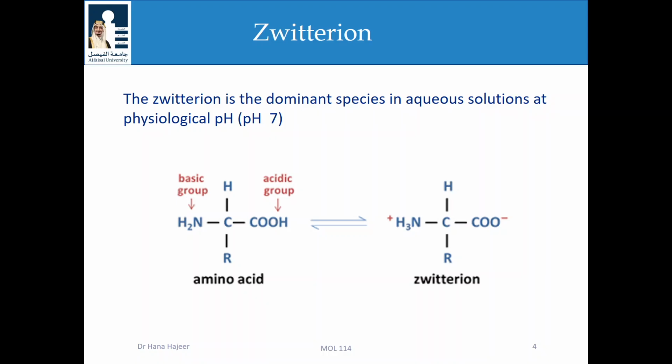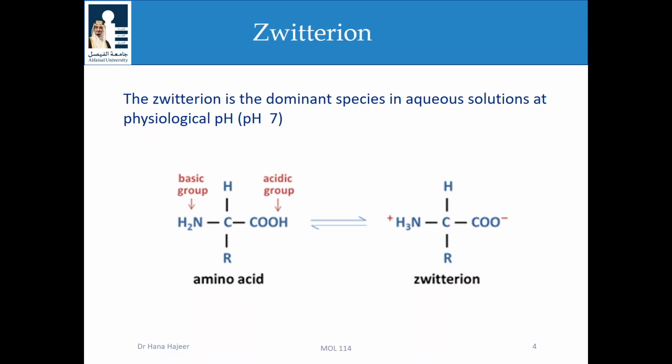Some amino acids will be positive, some will be negative, and some will be neutral, depending on what the R is. Actually, you should know that if you have this amino acid as part of a protein, the property of the R is the most important, because the carboxyl group and the amino group within the protein are going to be busy.